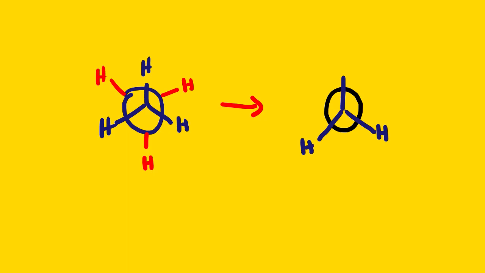Remember that we can rotate in this direction. We are going to yield another isomer, which is a conformational isomer.